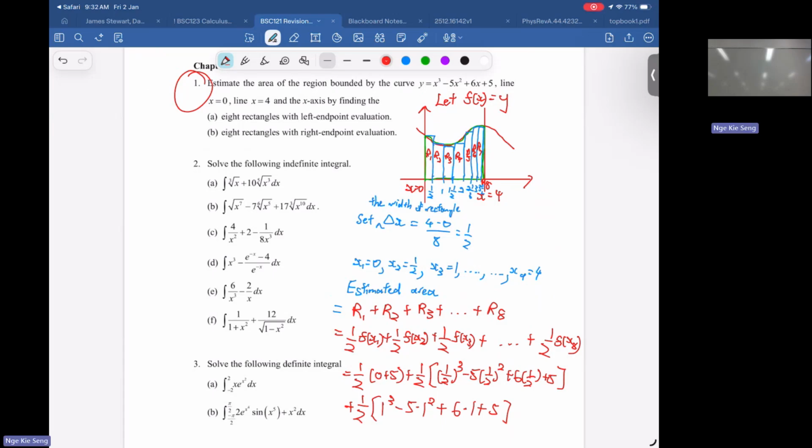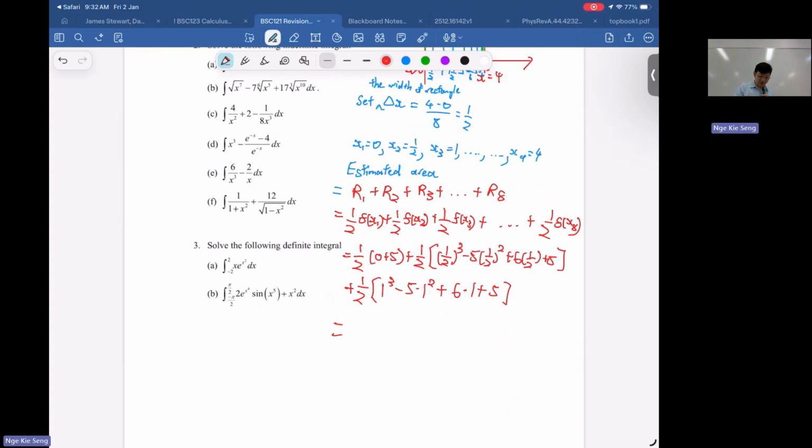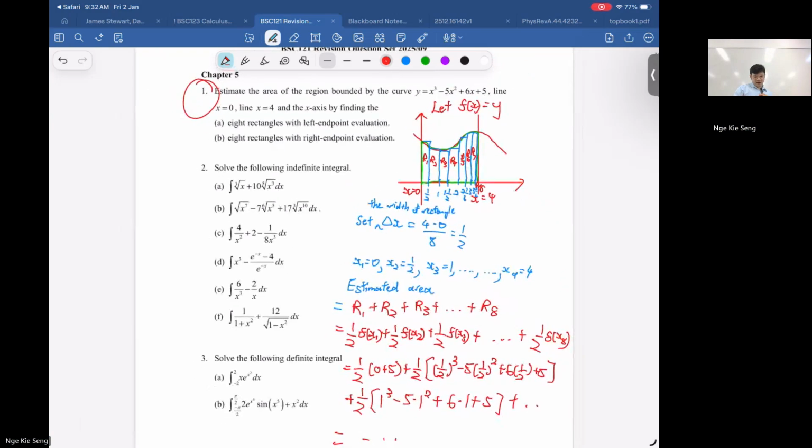Does that make sense? Yeah. I don't know what this answer is, but you can continue to do it. But so you have seen left endpoint evaluation, right? How about right endpoint? So if you choose right endpoint, meaning what? Which height are you going to consider?